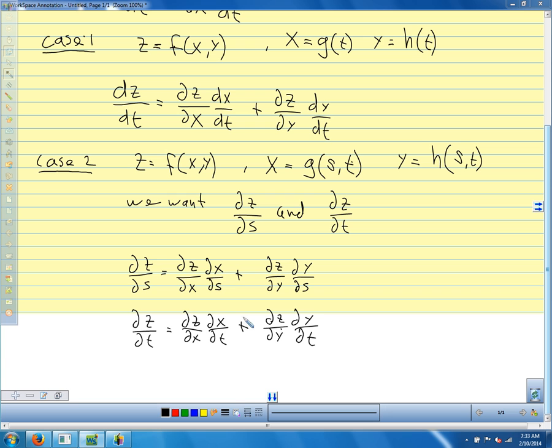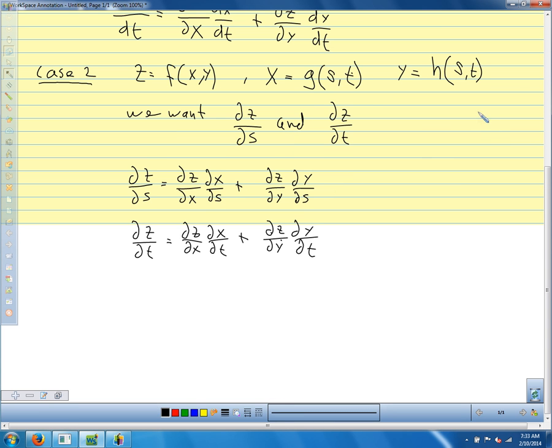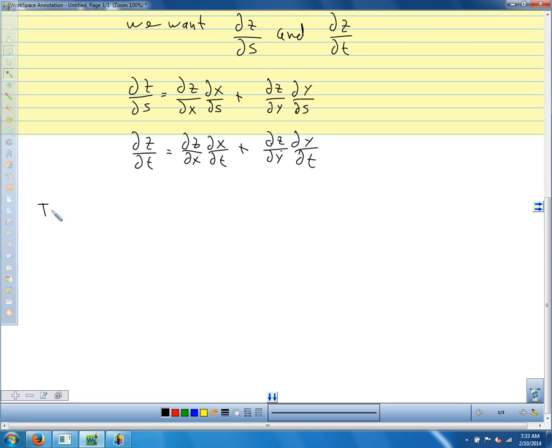One way we can remember this, it's not particularly complicated, but we can draw a little visual for how this works. You can use a tree diagram. So we have z up here on top, and for this particular diagram, z is a function of x and y.